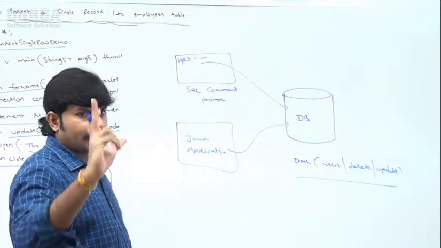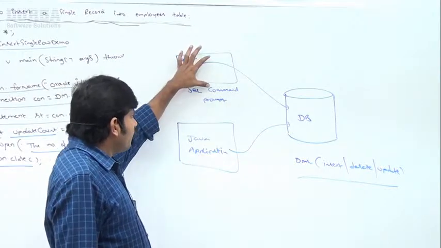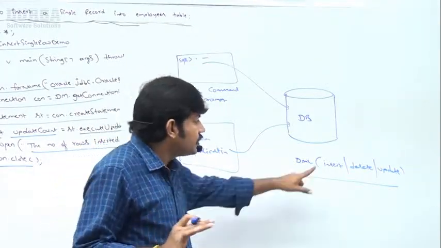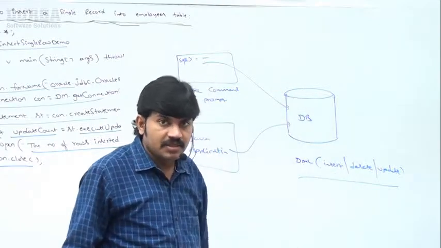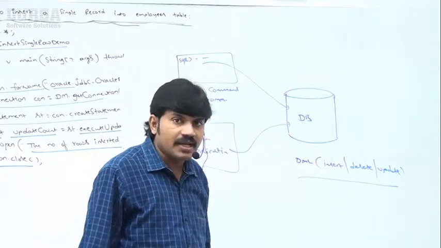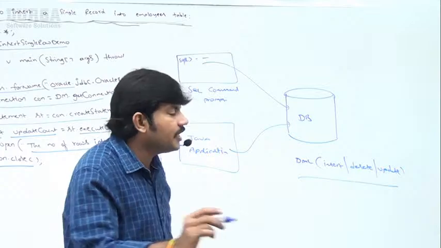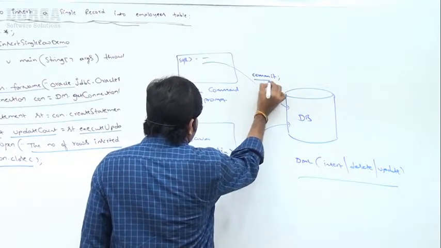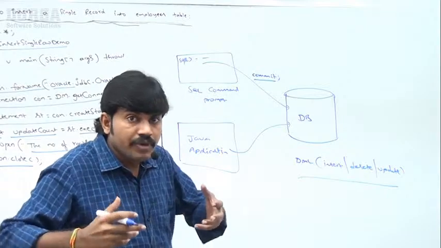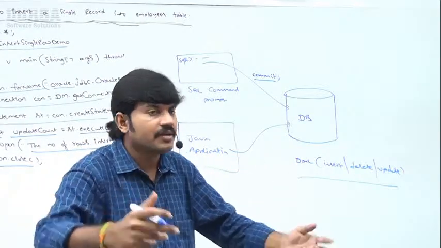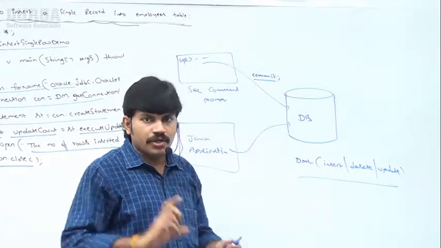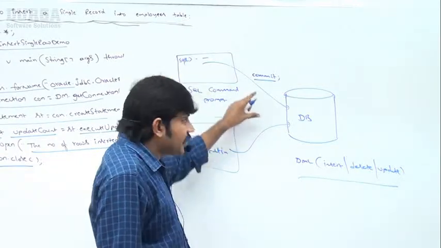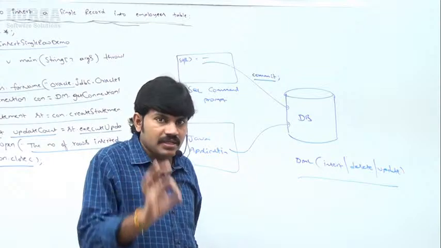Now take very special care. From the SQL command prompt, if you perform any updations in the database, either insert or delete or update, compulsorily we have to call the commit operation explicitly to make the changes permanent. We have to commit explicitly because in the SQL command prompt, auto commit is disabled.